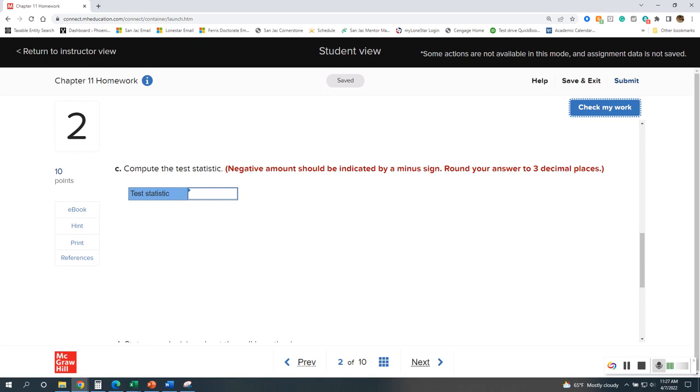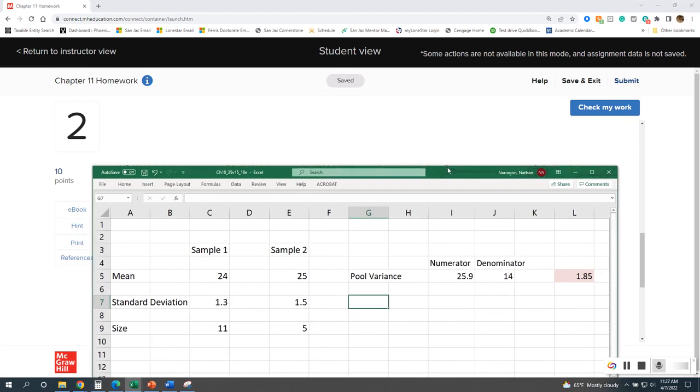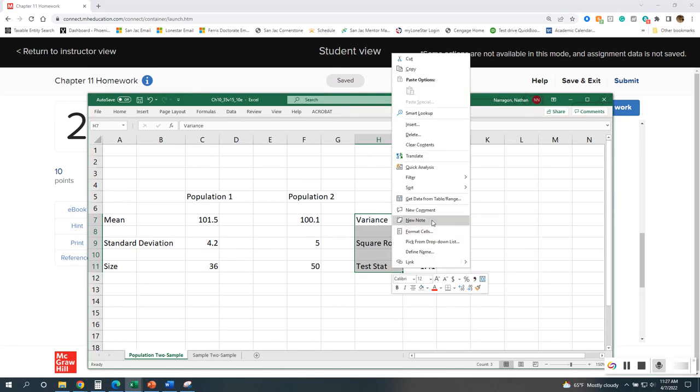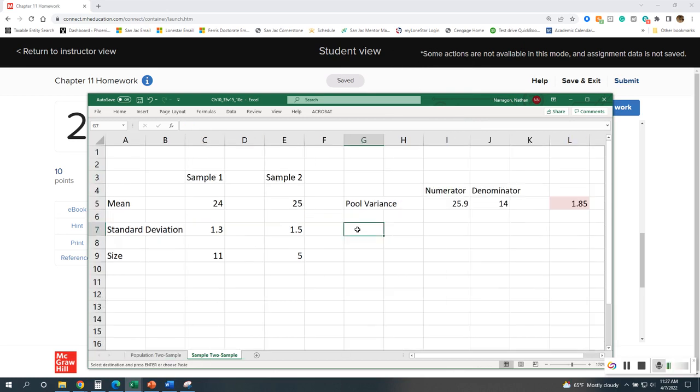Alright, now it's time to compute the test statistic. So just like this one, we're going to go ahead and take these. Actually, I'm not going to copy those. I want to do it this way as well. Test stat.